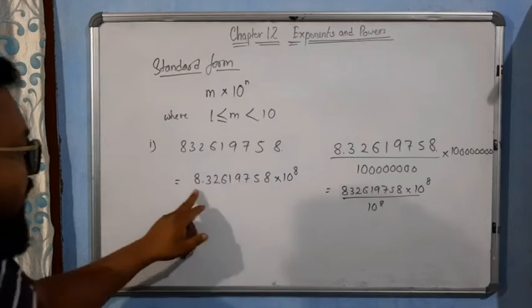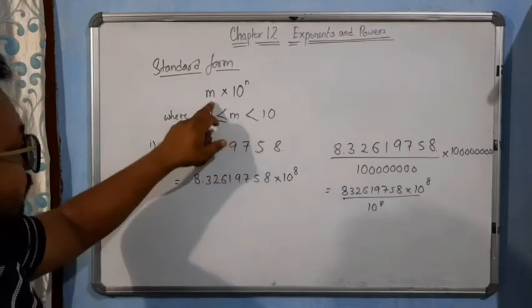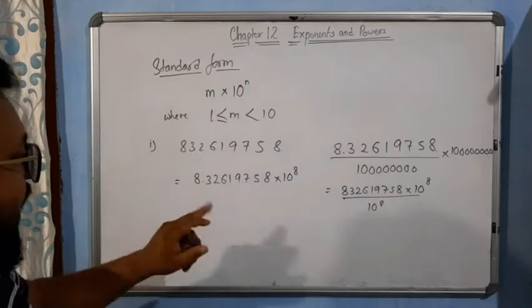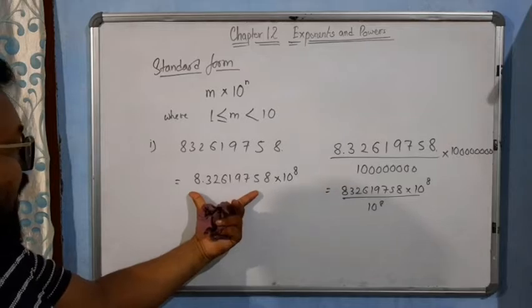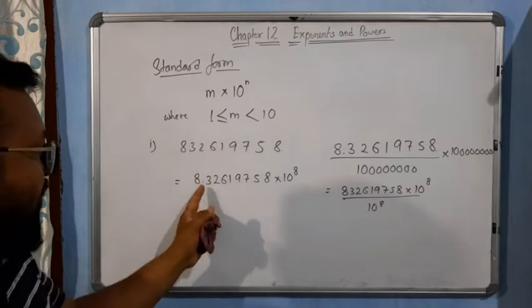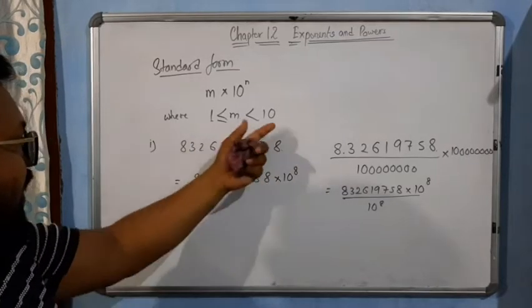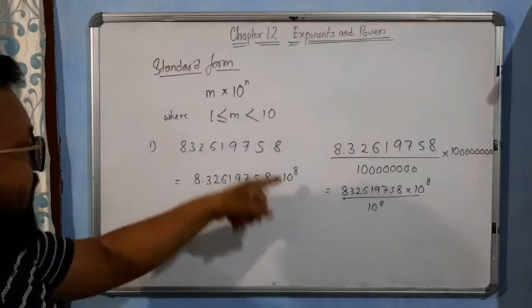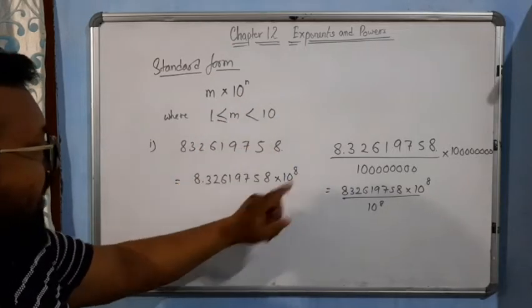Now this number is expressed in standard form, m into 10 to the power n. M is between 1 and 10, as 8.3 is between 1 and 10, and into 10 to the power n, which is 8 here.